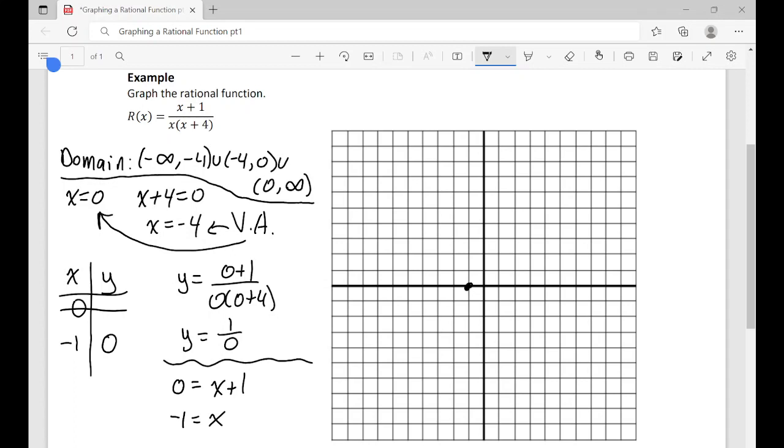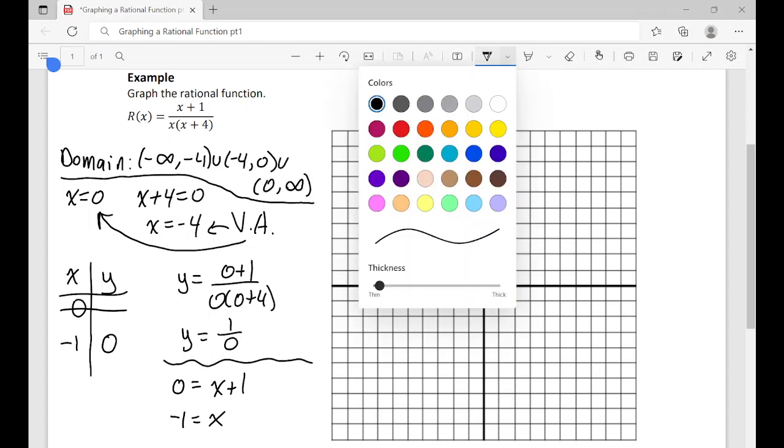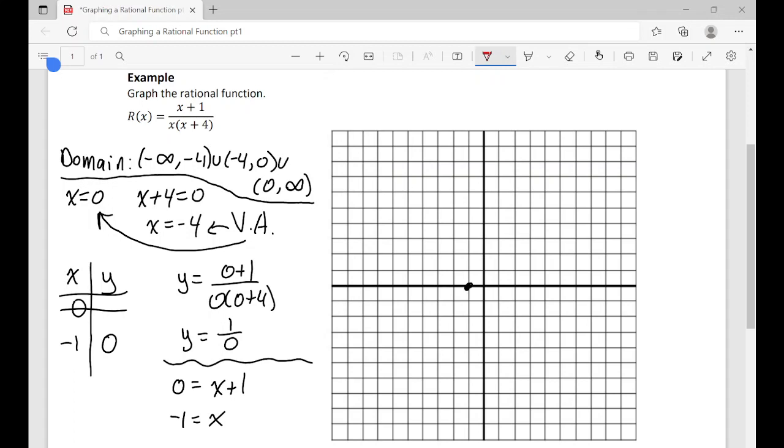So at x equals 0 and x equals negative 4, we're going to have some, I say imaginary line, but I like to put a line in there just so we can see it. So at negative 4, and at 0. And these red dotted lines, the graph can never cross.